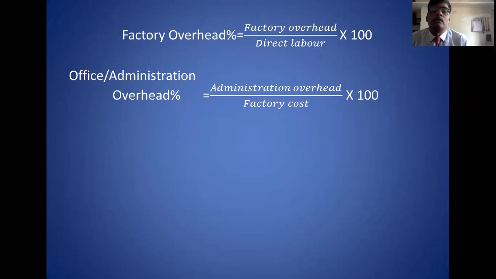If they ask to follow this percentage, you follow it while solving the problem. These are the two important equations. And sales profit is always based on sales. I will explain that with one example.